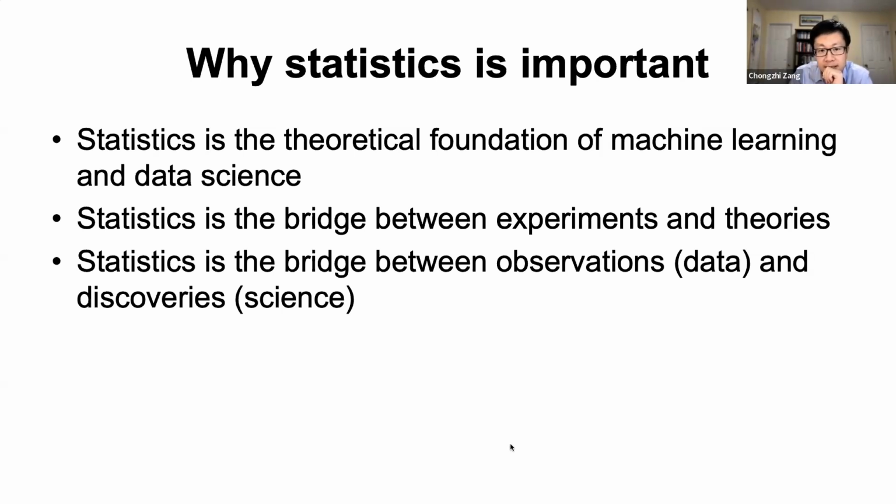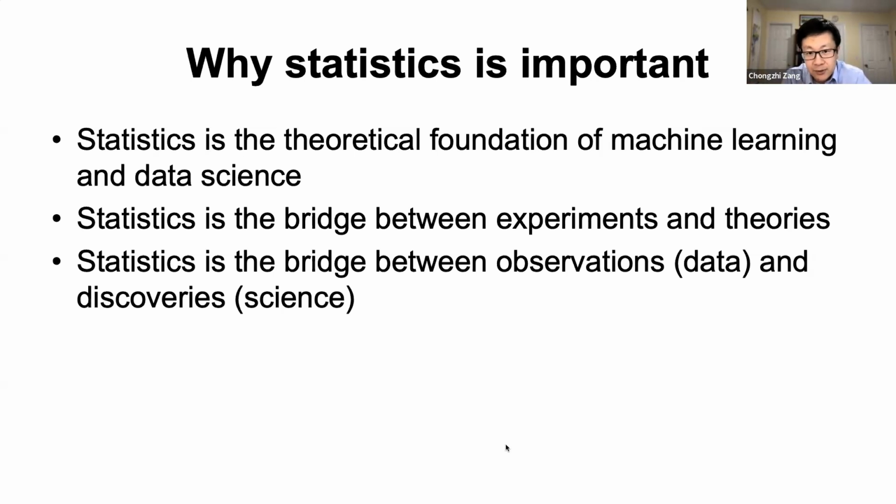Also, statistics is the bridge between experiments and theories. Just like any scientific subject, the goal is to find the fundamental rules of nature, right? So we use observations or we design experiments, and we collect the experimental data, but the ultimate goal is to find the underlying rule or principle of the science subject, or eventually to develop new theories.